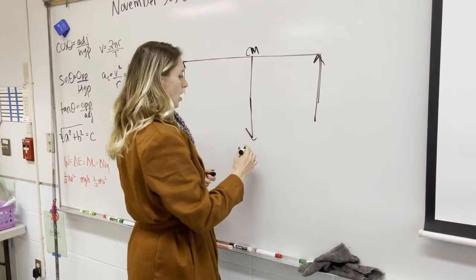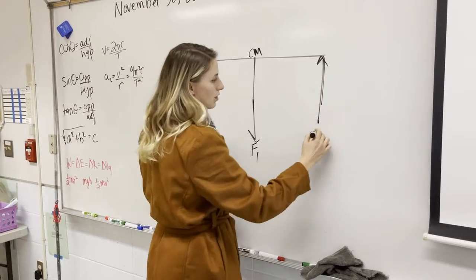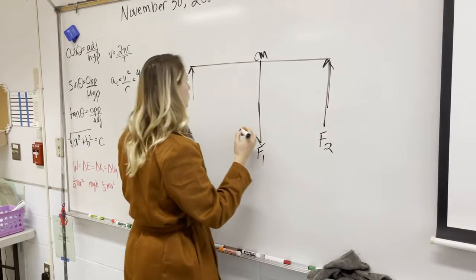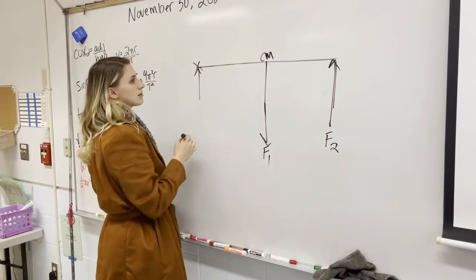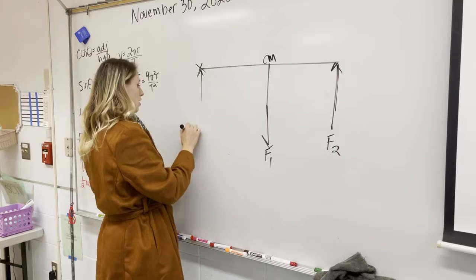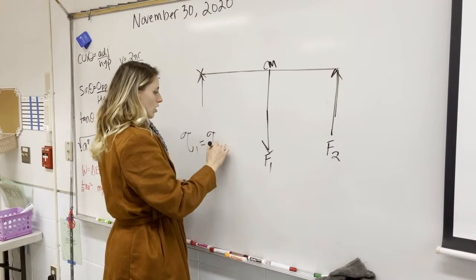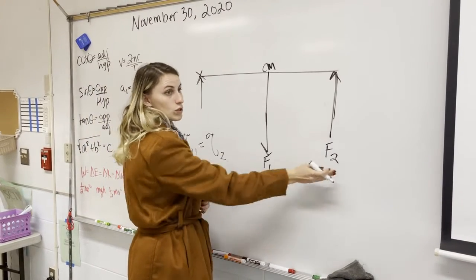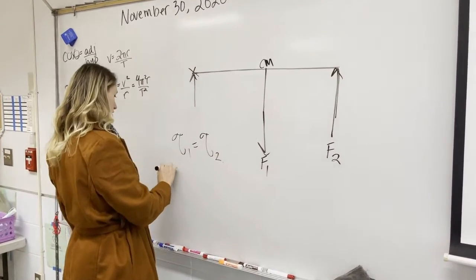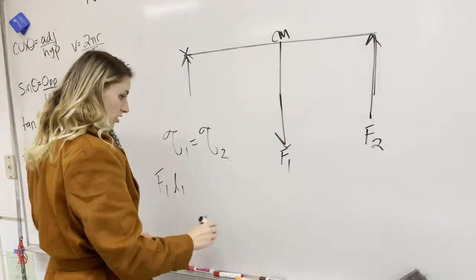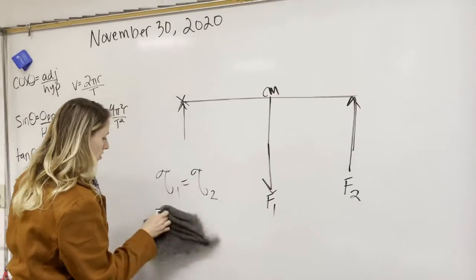This is our force 1, this is our force 2. We could make this our axis of rotation. We know that torque 1 equals torque 2. We can use force 1 and force 2 to find that. Let me show the lever arms first.